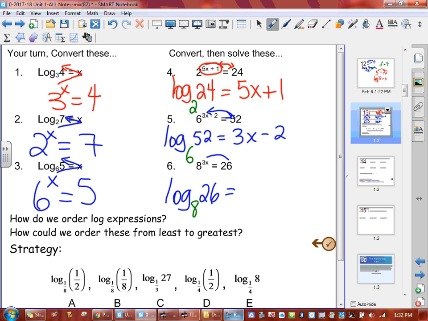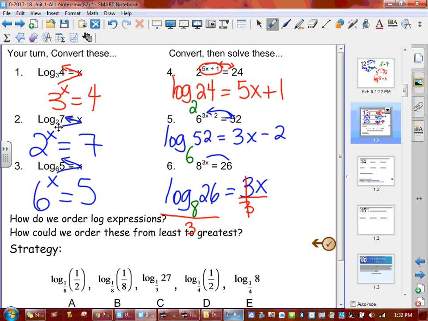So the easiest one to solve is number 6. So we're going to start with number 6 because there's only one step. How would I isolate x on the right-hand side? What would I have to do to get him by himself? Yeah, just divide by 3. So we would have all of this divided by 3 and all of the left divided by 3. So in our calculator, we could solve the log first, hit enter, and then divide by 3.